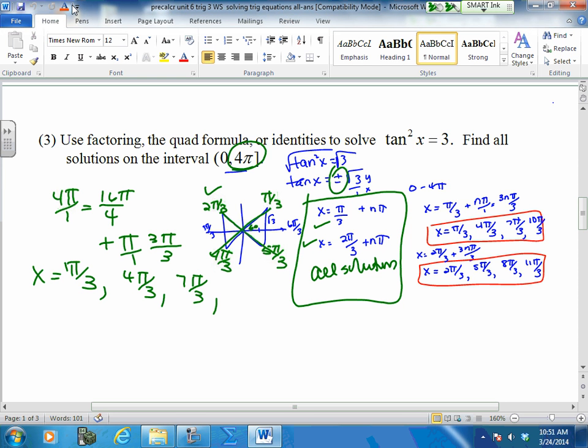Add 3 again. Thirds, sorry about that. Thank you, Alex. So now, if I added another 3, wouldn't I be over my limit? So I stop right there. This was thirds, because we had a 60-degree angle.